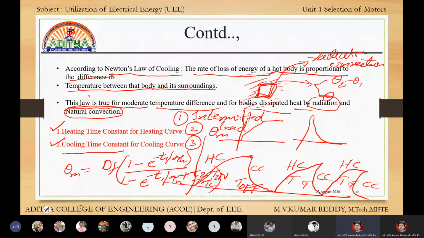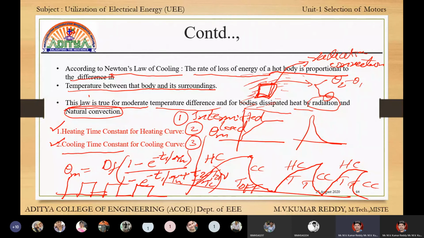This is the motor temperature for intermittent loads. What are intermittent loads? Intermittent loads are the loads which vary according to time. This is on time, next is off time, then on time, off time, on time, off time. These are intermittent loads.